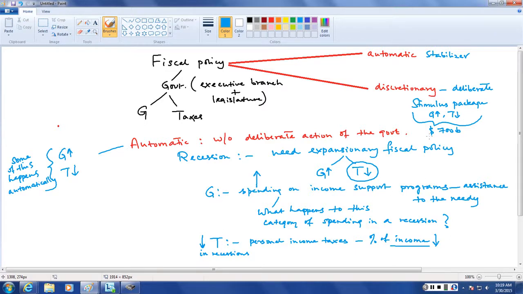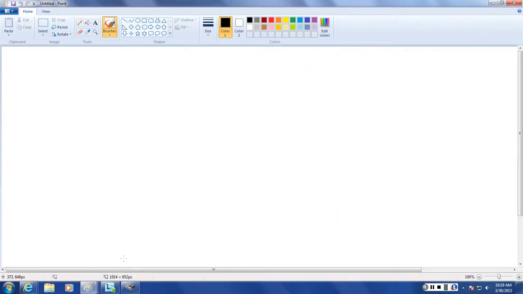The next thing that I'm going to talk about is the budget balance and the national debt. I'm now going to define a term called the budget balance, the government's budget balance.